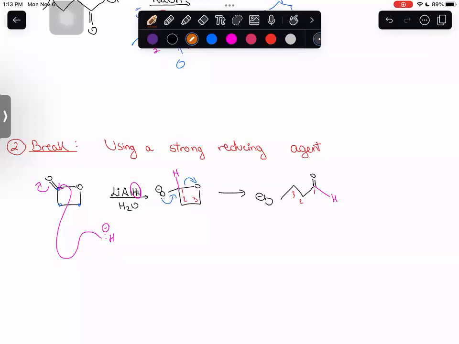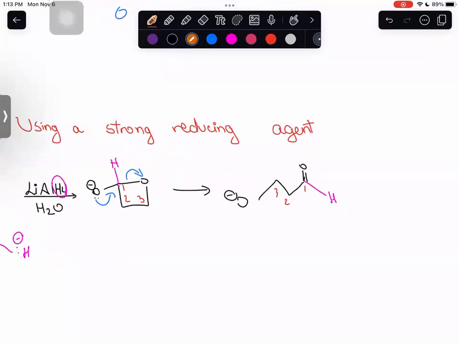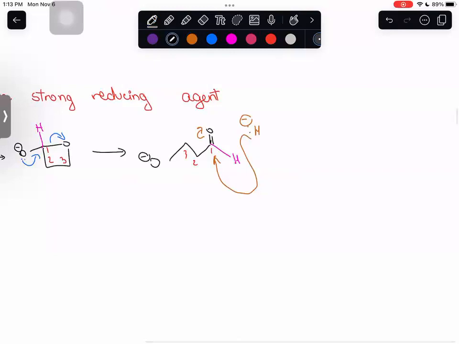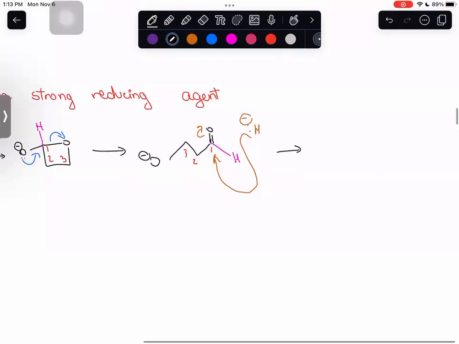What was the whole goal of reduction? Exactly. So that means that our hydrogen is gonna come back, do the same attack, so we can get rid of all of the pi electrons that we see in there. And now we have this guy.